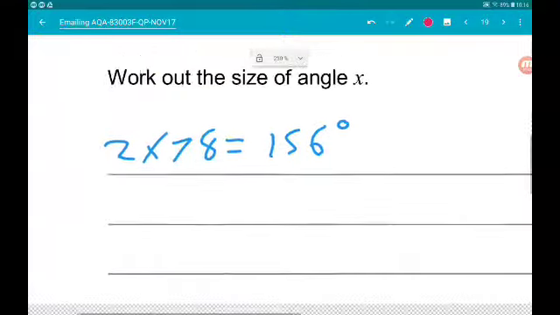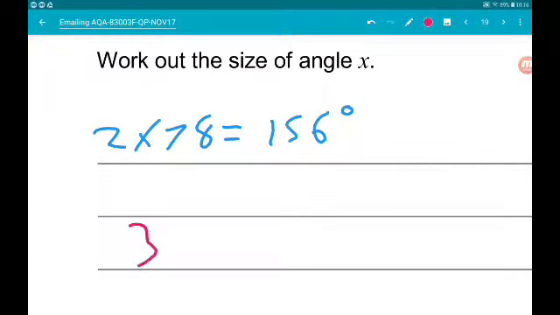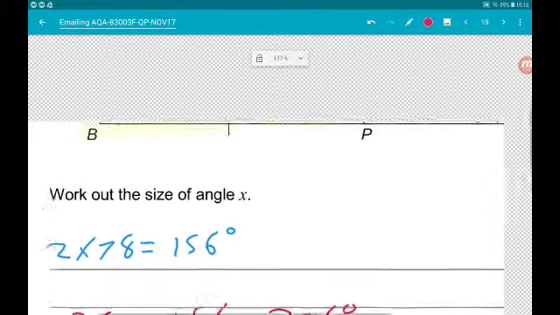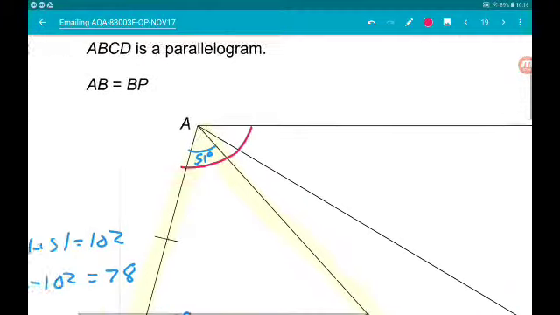So added together, those two are 360 minus 156, which is 204 degrees. So that is these two angles added together.